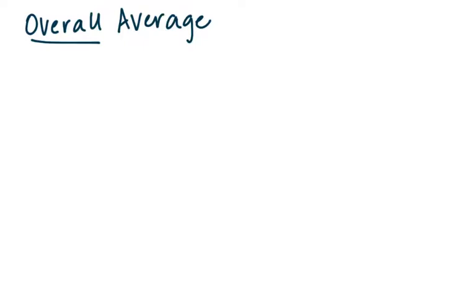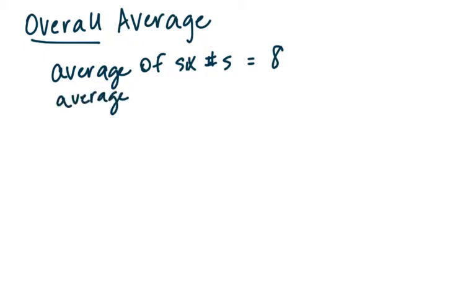So let me show you what they're talking about, because it makes more sense when you sort of see the numbers. So if they tell you the average of 6 numbers is 8, and then they say the average of the next 4 numbers is 10.